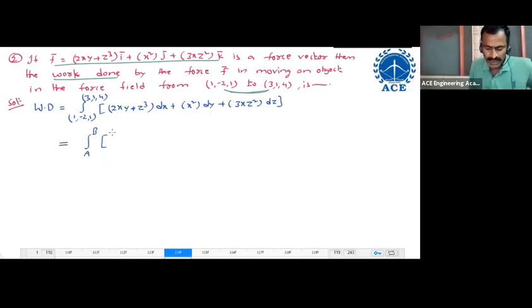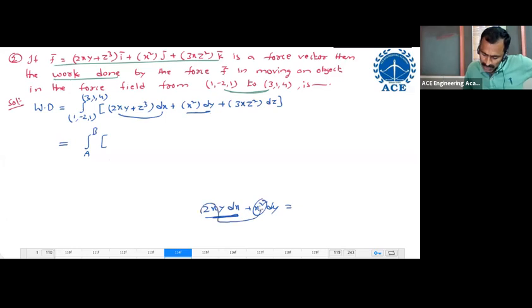If you write these two together, 2xy dx, all these are in terms of x and y. Next we search for another term, in terms of xy plus x square dy. X square differential is 2x dx only. Y differential is dy. So it is in the form of d of x square y.